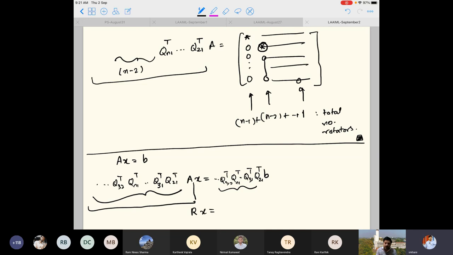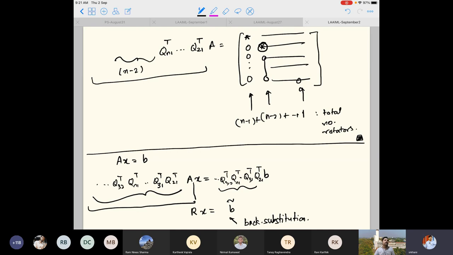You have x as is, and you get this B tilde. This B tilde is basically nothing but Q transpose B. And once you have that Q transpose B sitting over there, then your job is done. Then you just do back substitution, and you solve the system of linear equations. So this is how you will solve system of linear equations using rotators by introducing zeros.